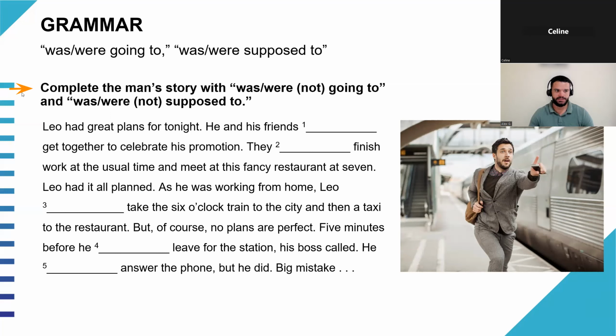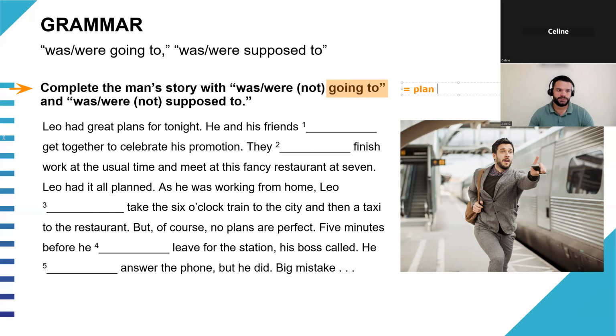All right, let's review really quick. Going to is going to be like a plan that was going to happen. And then supposed to, let's put that here. Going to equals plan.